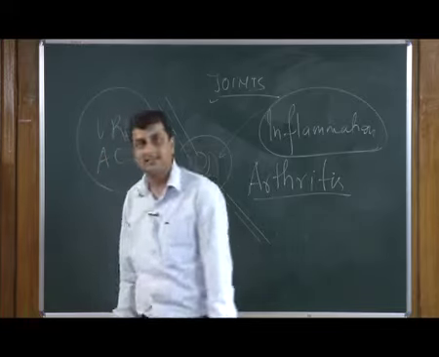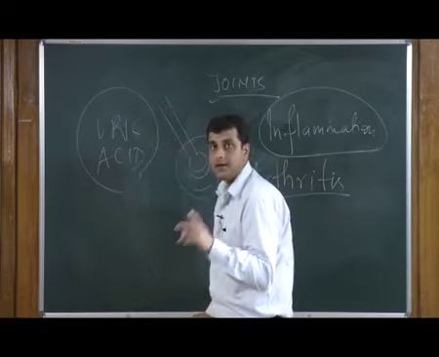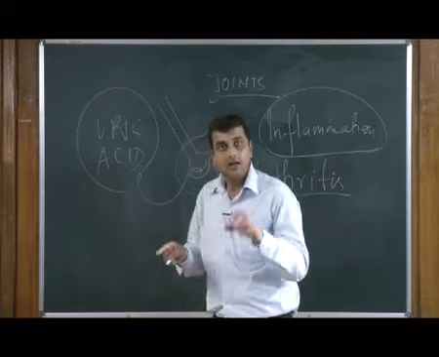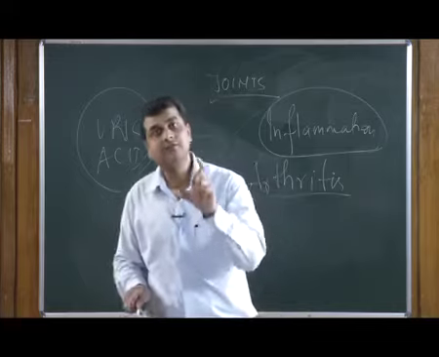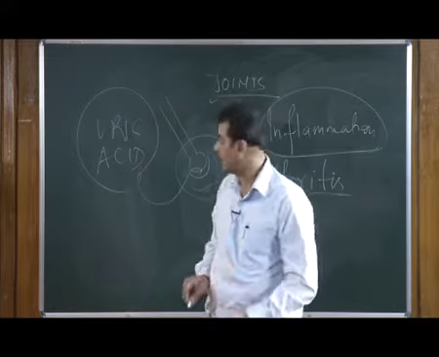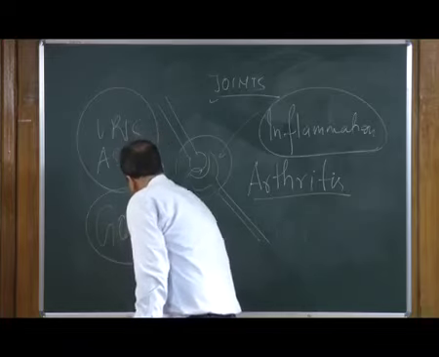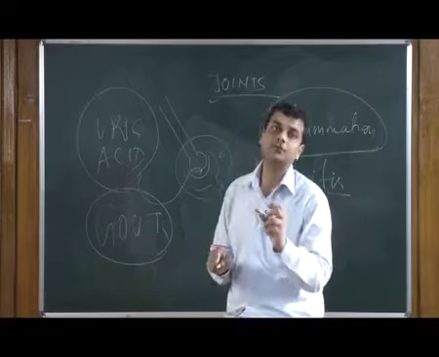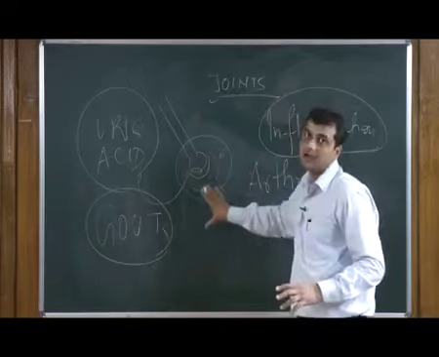If uric acid is getting accumulated in the joints, you get a very painful condition in the human body, and that is called gout. So gout is nothing but the deposition of uric acid crystals in the joints, while the inflammation of joints is called arthritis.